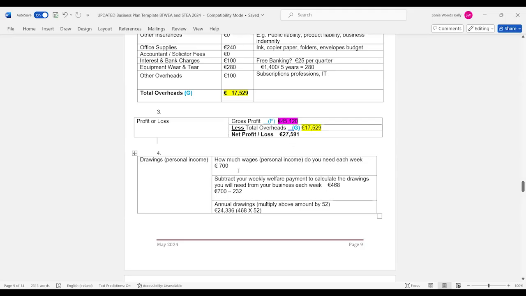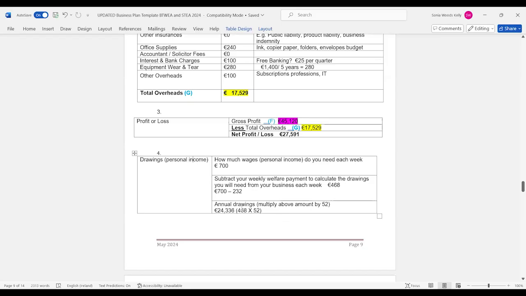You may need to source other income in the first year to cover your personal income. You may need to look at maybe a loan or some other source of income. Or the other thing you might just need to do is live off less money each week. So lower the amount of your personal income.